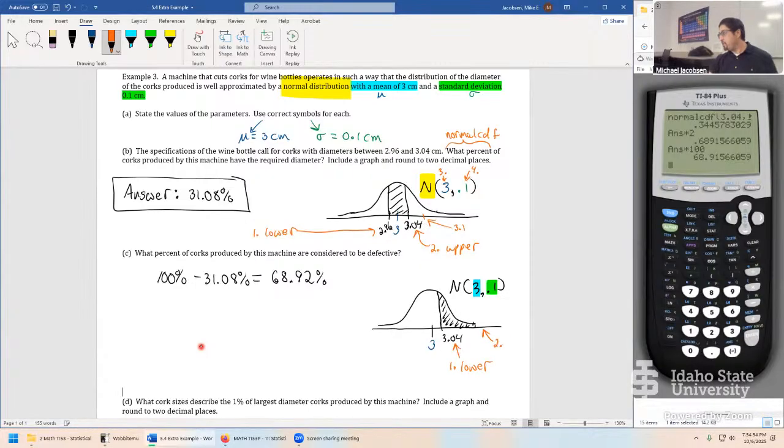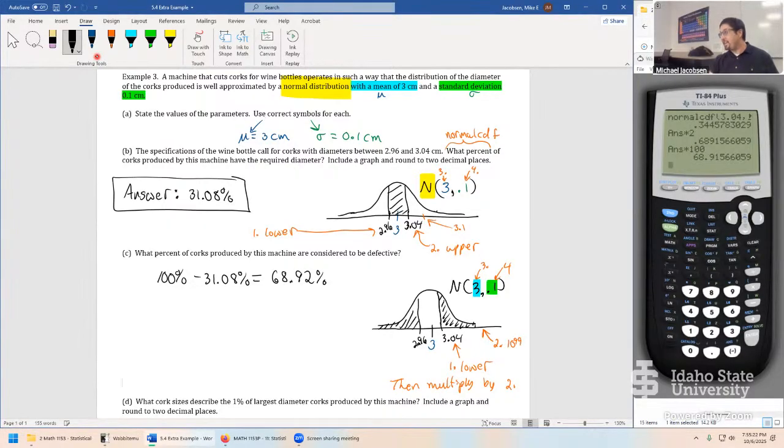Input 2 for upper is 10 to the power of 99, so we use no upper bound. This would be input 3, input 4, then multiply by 2. That's how we're going to get the other area on the far left, where it starts at 2.96.